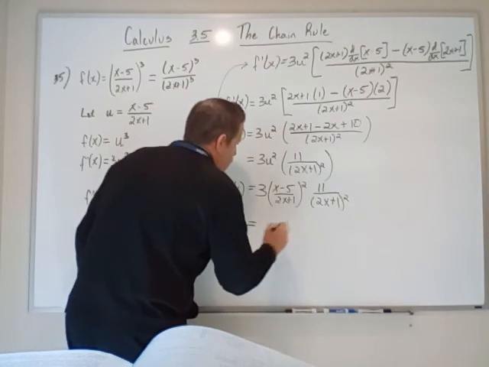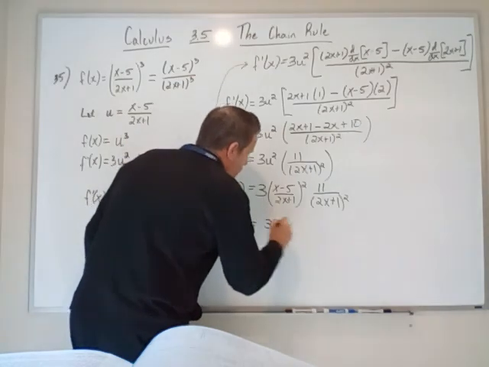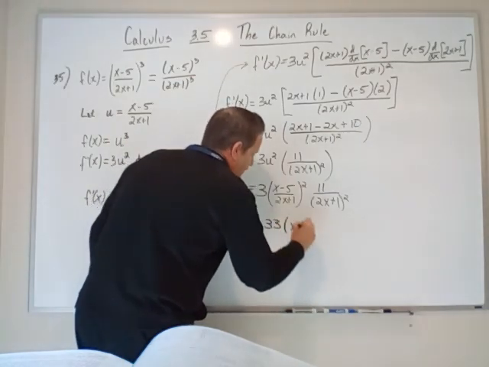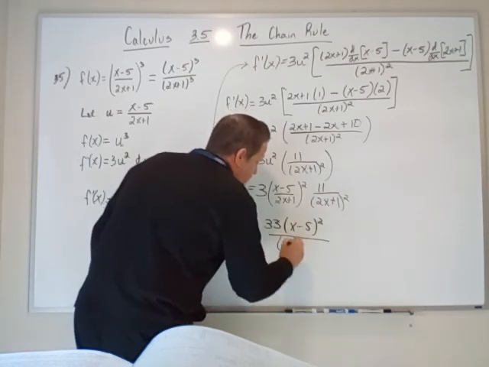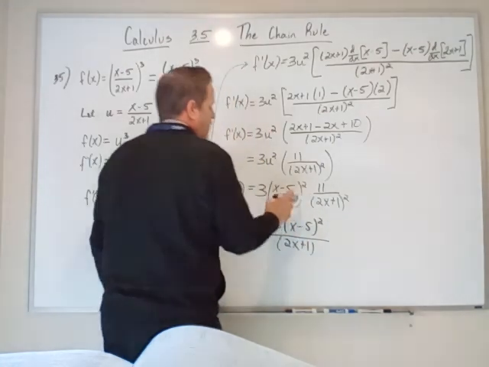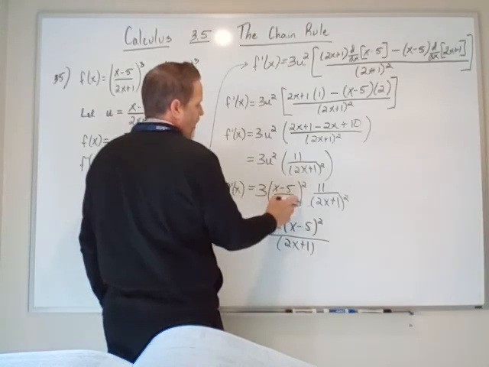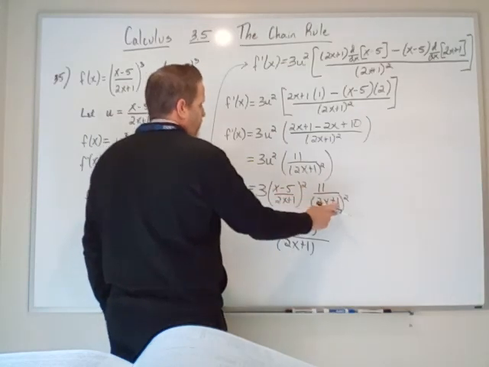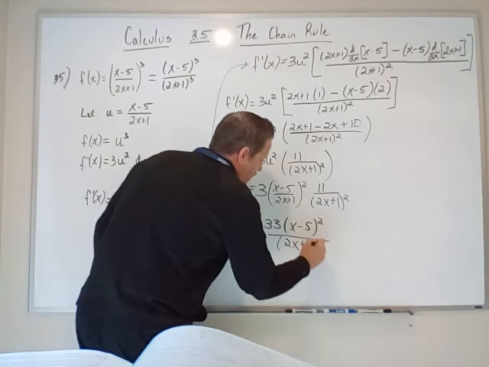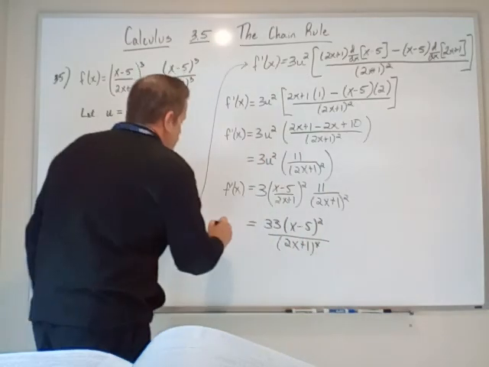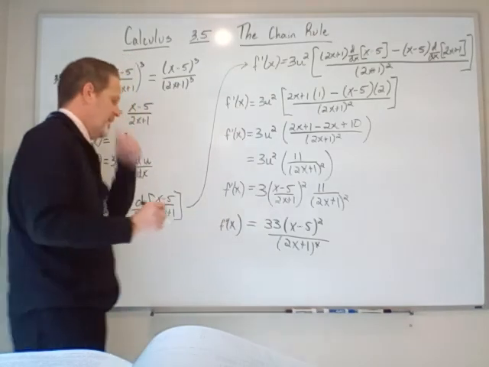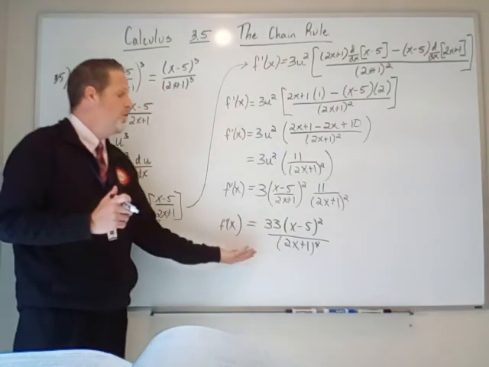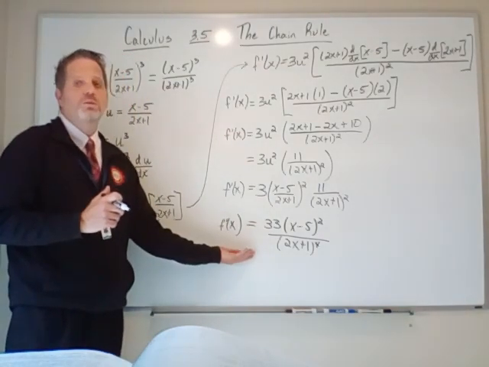So my final answer is going to be 33 times the quantity x minus 5 squared divided by the quantity 2x plus 1. I'm going to add the exponent. This would be 2x plus 1 squared times 2x plus 1 squared. Same base, I'm going to add those exponents. So now we have an expression that has combined some terms for the derivative of the original function.